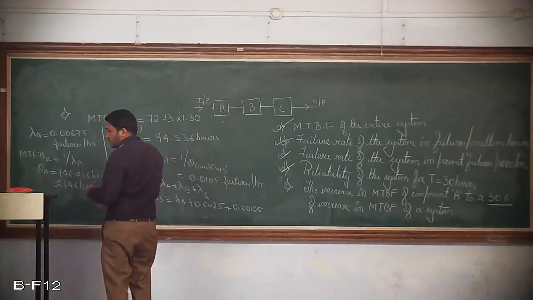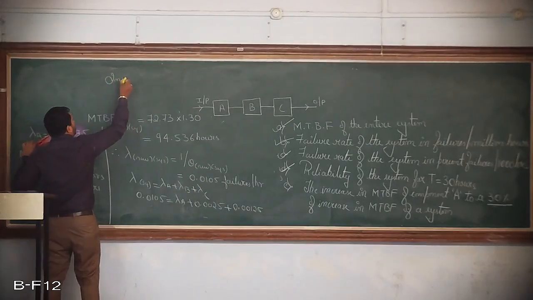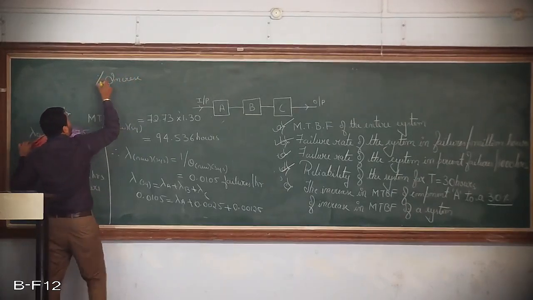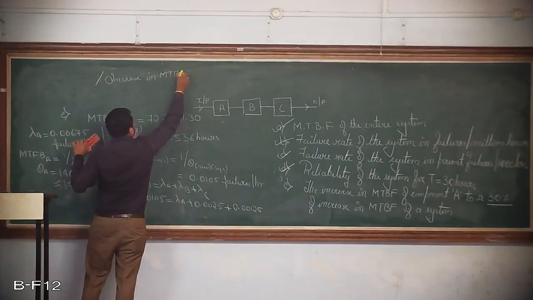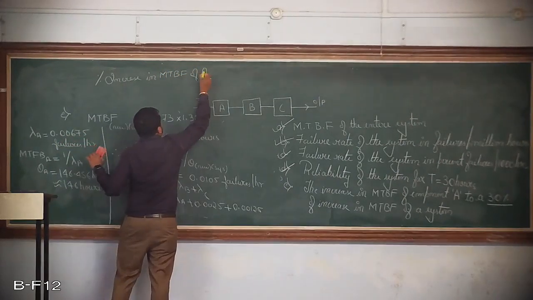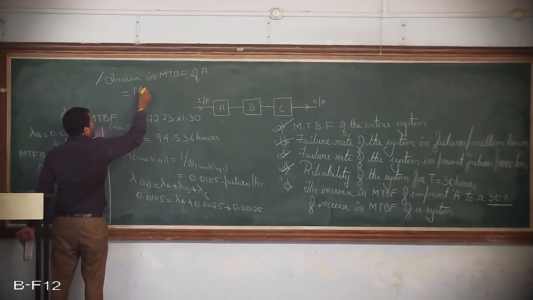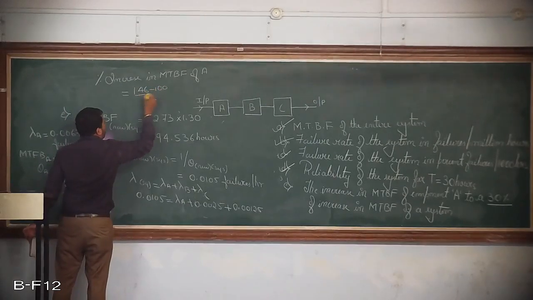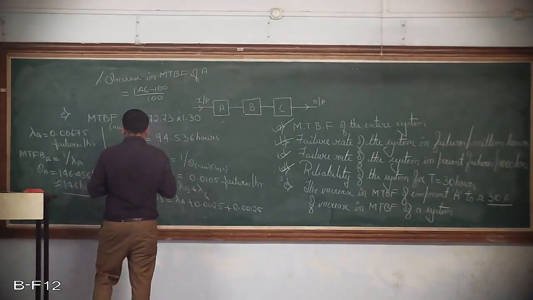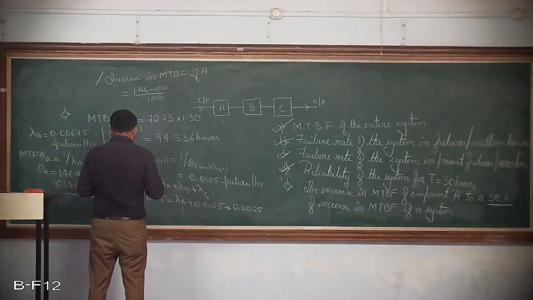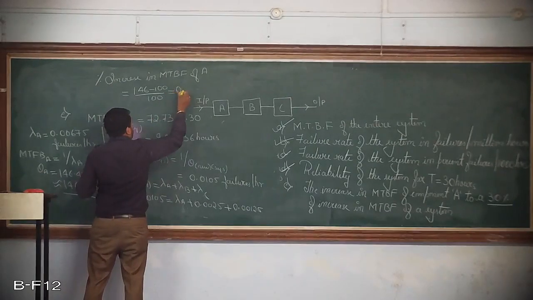Then lastly, they asked us to find the percentage increase in time between failure of A. So it is 146 minus 100 divided by 100, that is 0.46.